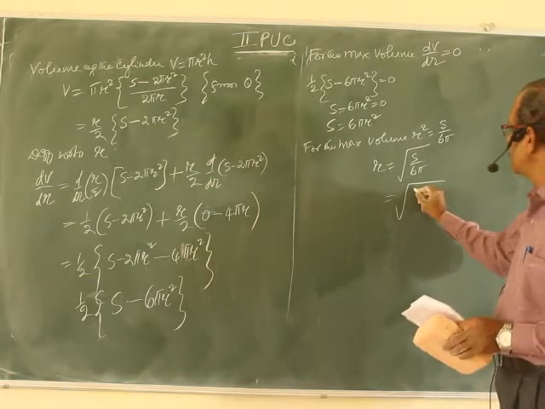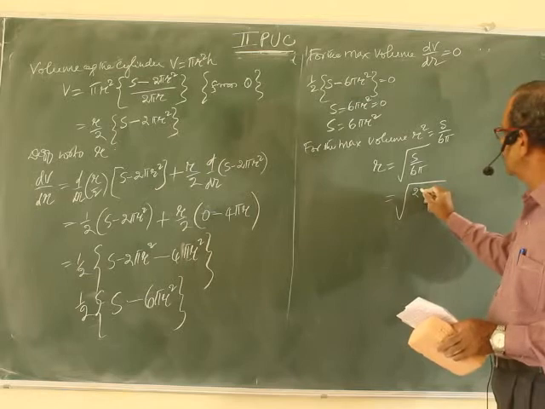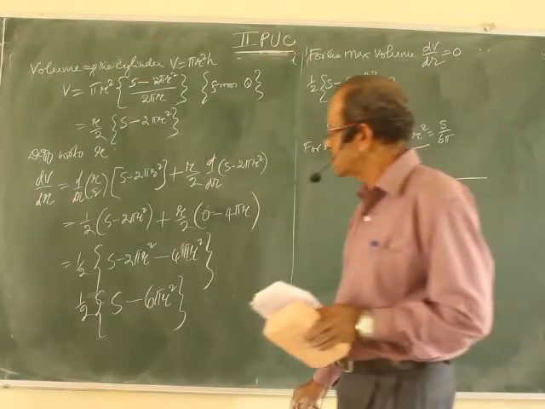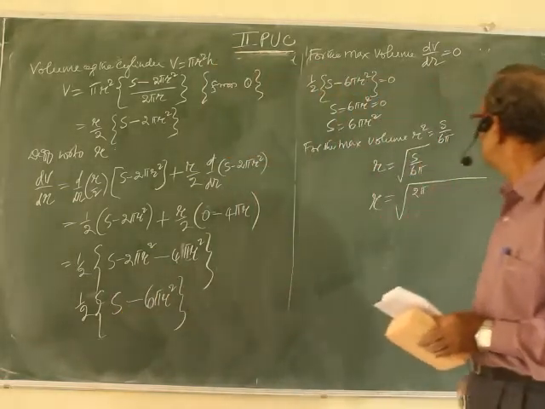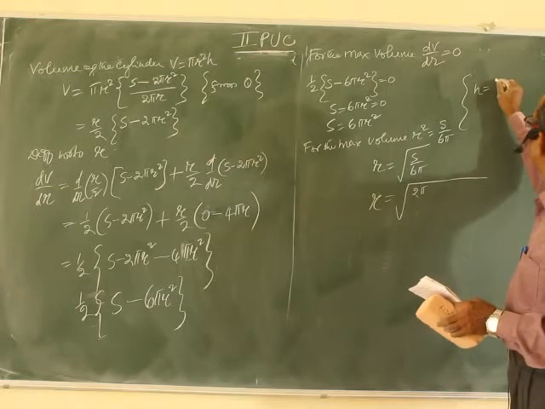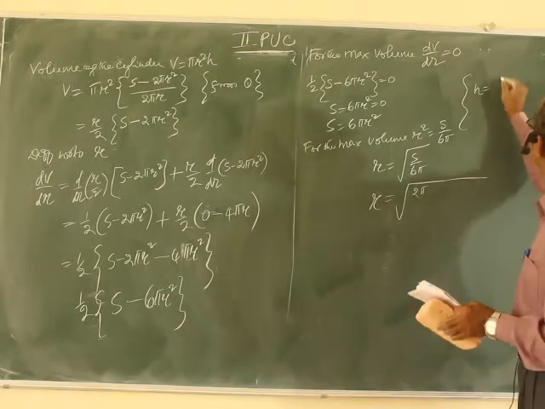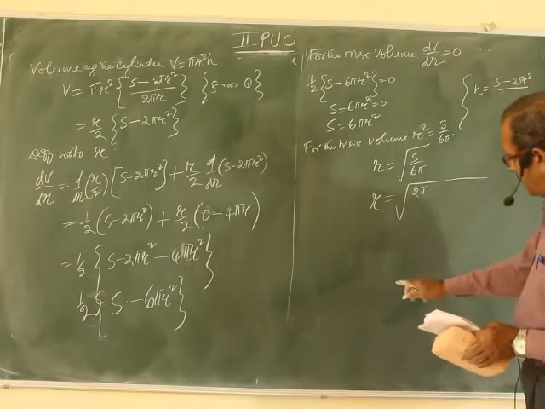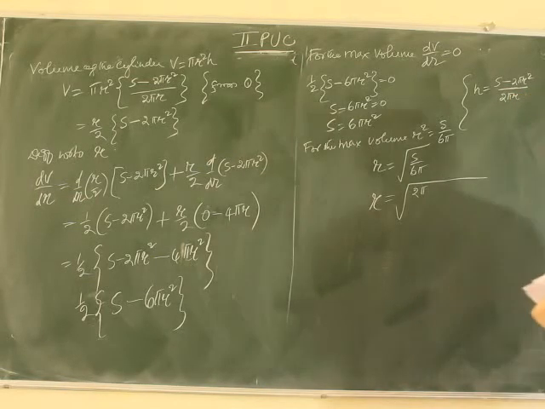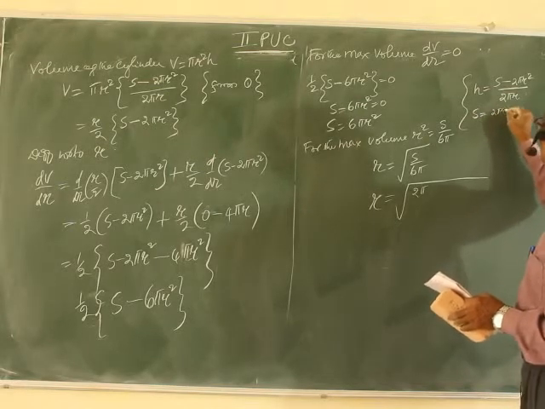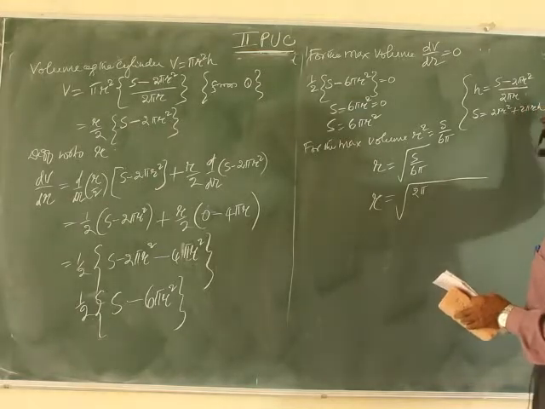S is 2 pi r square plus 2 pi r h, correct, no? h equal to S minus 2 pi r square divided by 2 pi r.